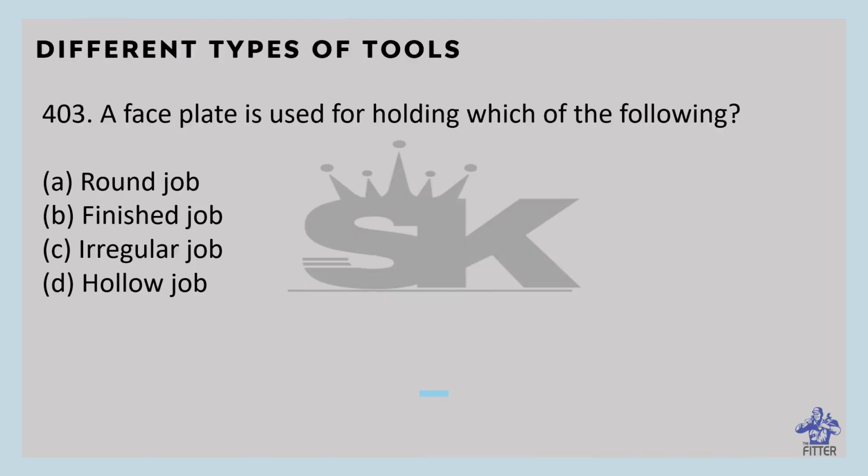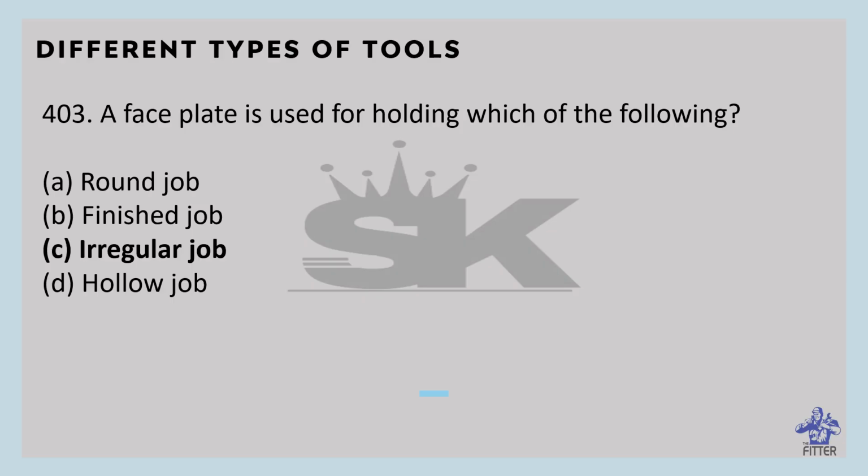A faceplate is used for holding which of the following? That is irregular job. A faceplate is a circular plate threaded at its center with plane and slotted faces which are machined rapidly.